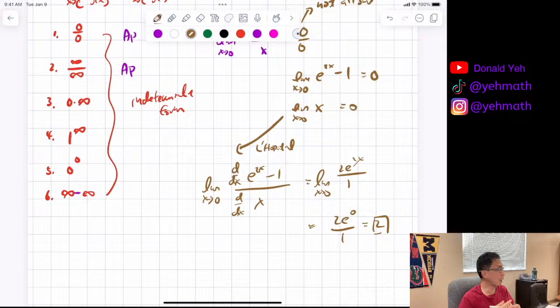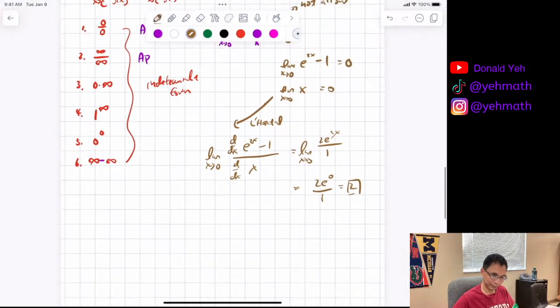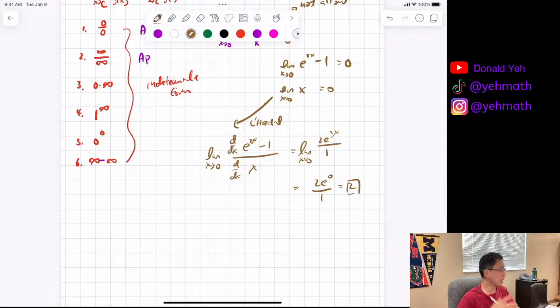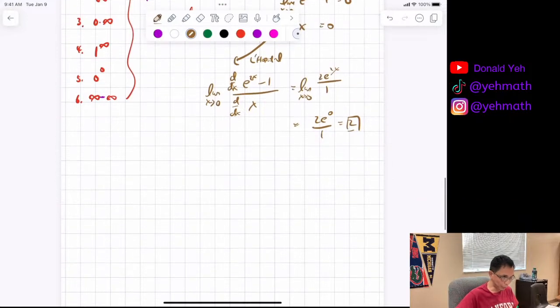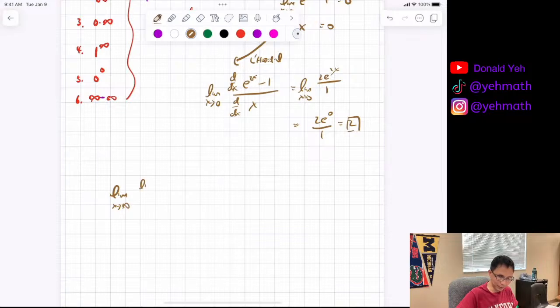Now, we're going to talk about how many different kinds of infinity there are. That's a very important abstract perspective for BC Calc because you want to know which kind of infinity is going to go faster. Which one has the faster speed. For example, what happens to the limit as x approaches infinity of natural log of x over x?